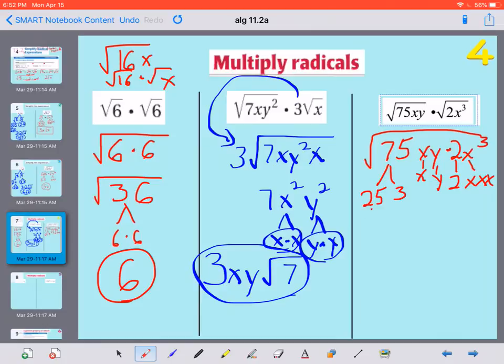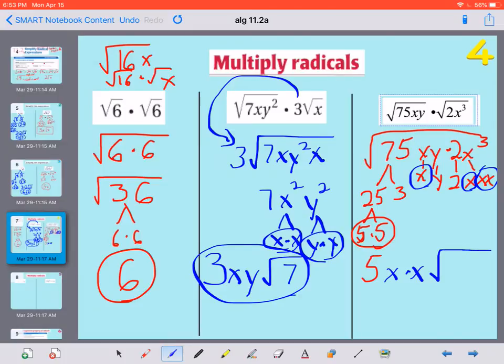So 25 can factor out to 5 times 5, which is a factor that I'm going to have, so 5. 3 can't be factored. I know I have an x, and then 2 more x's. So really then I just have 2 pairs of x's, so I have an x times an x.